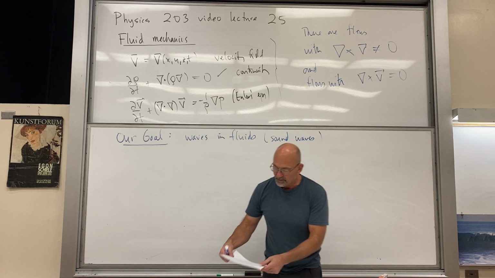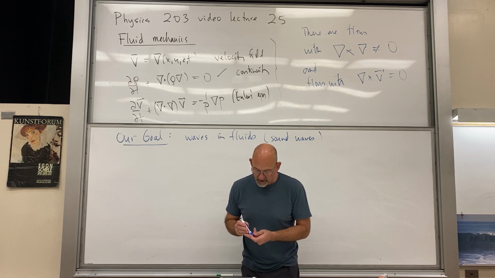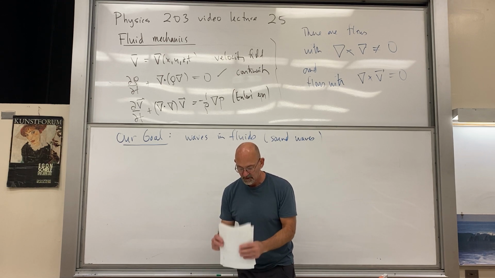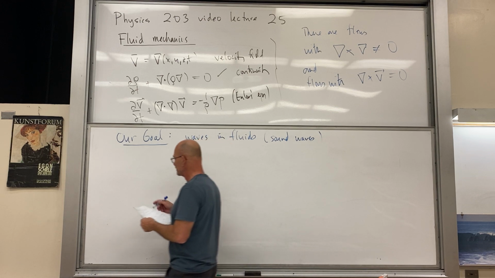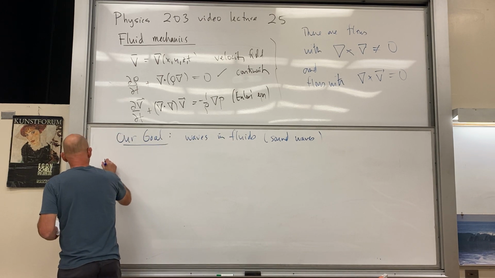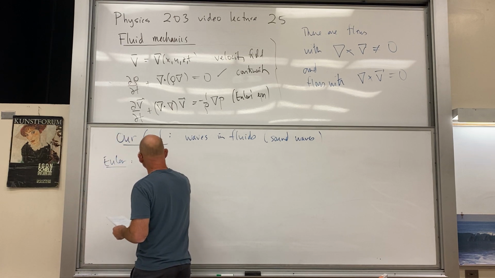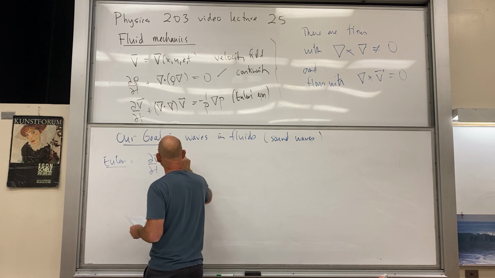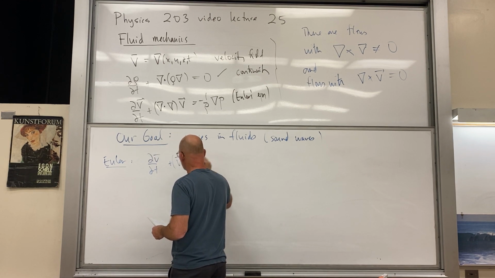Okay, but first, let's talk a bit about a reformulation of some of these things. I'm gonna work off my notes here. Okay, we're gonna reformulate Euler's equation, and we'll begin with just writing it v dot grad v.